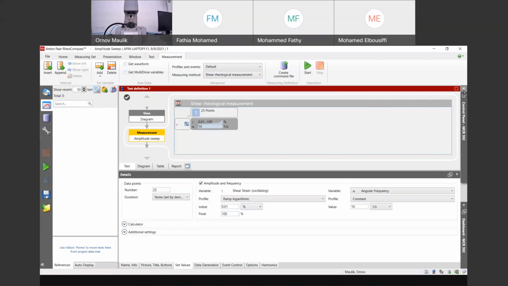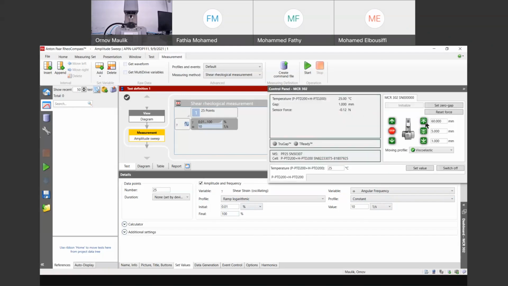So I'll quickly move this geometry above and change the sample, because in order to effectively measure any sample, you need to make sure that you always use a fresh sample. So I'll quickly change the sample and then we can go ahead with the measurement.